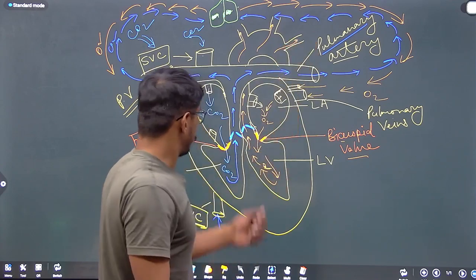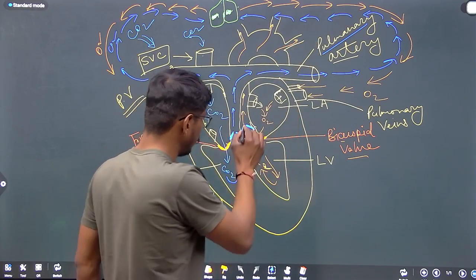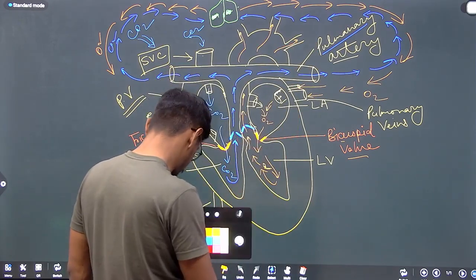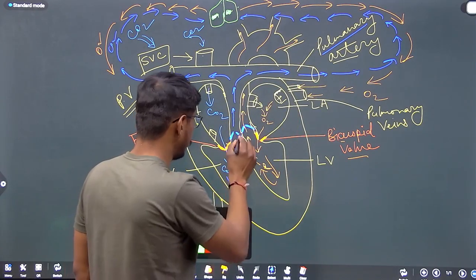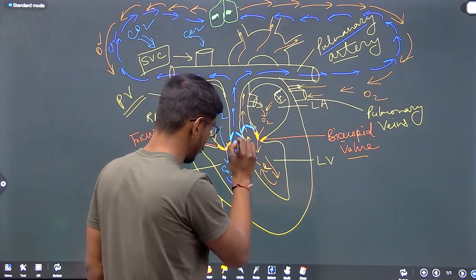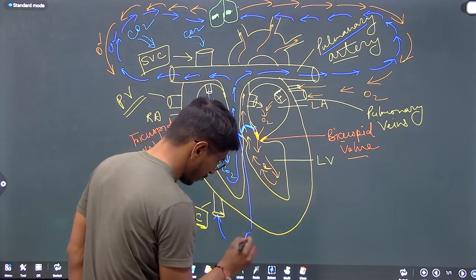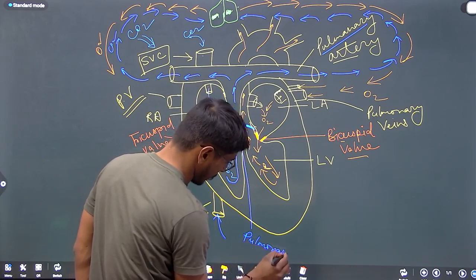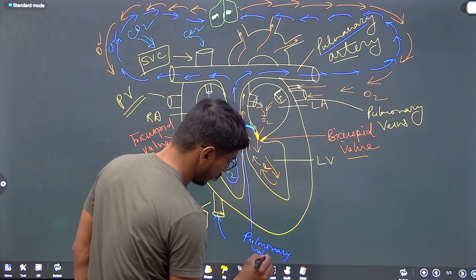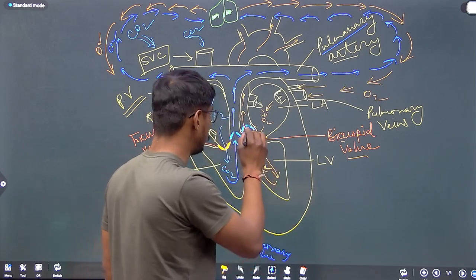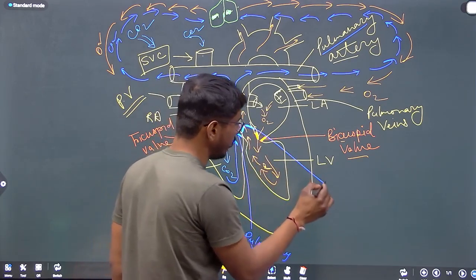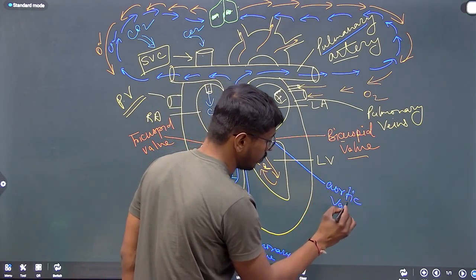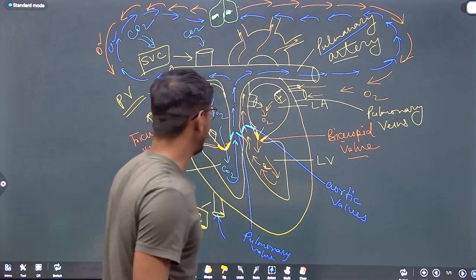Okay, now what do we call this valve? So these are the pulmonary valves. I am writing here: pulmonary valve, and these two are called aortic valve.